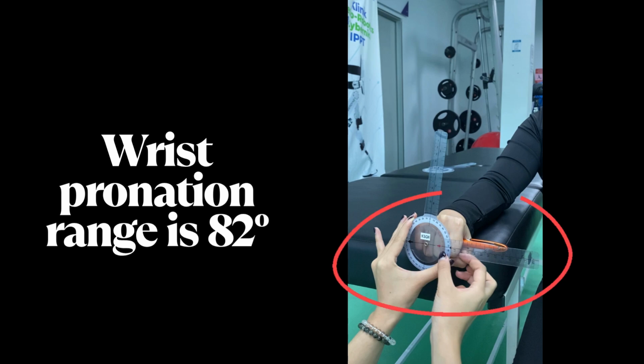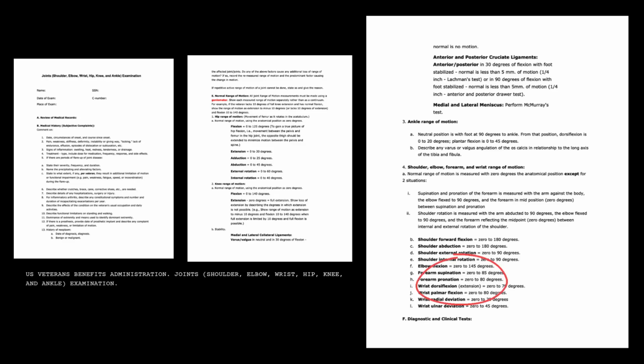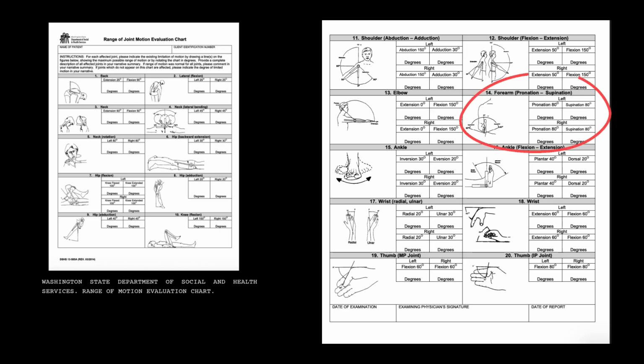After measuring, we found the wrist pronation range to be 82 degrees. According to the U.S. Veterans Benefit Administration's Joint Examination Criteria and the Washington State Department of Social and Health Services Range of Motion Evaluation Chart, a wrist pronation measurement of 82 degrees is considered within the normal range of motion.